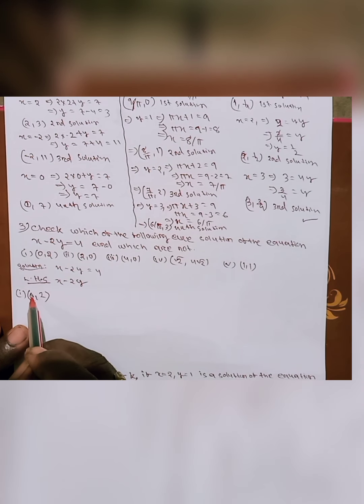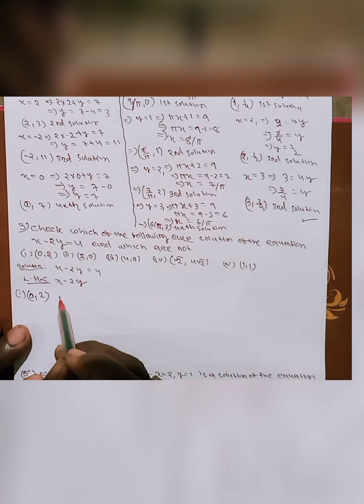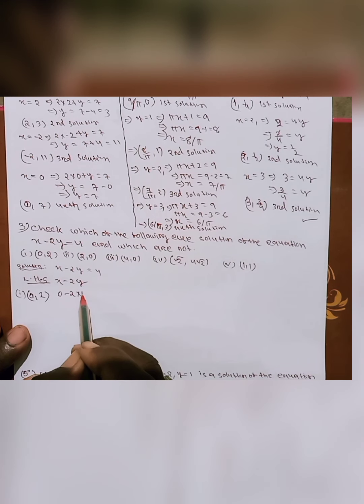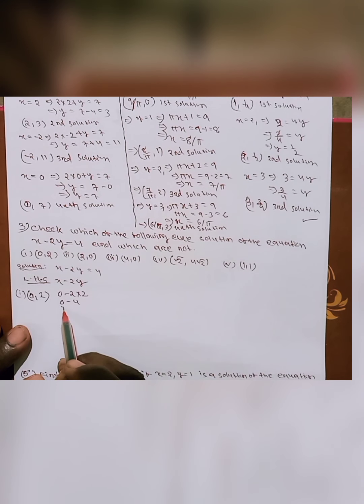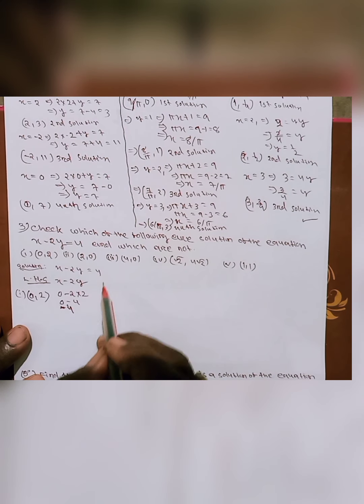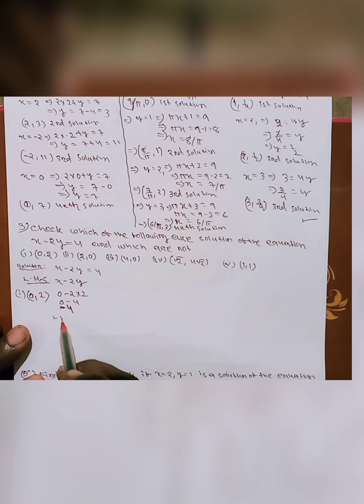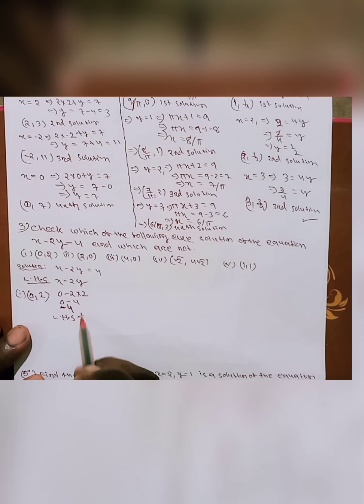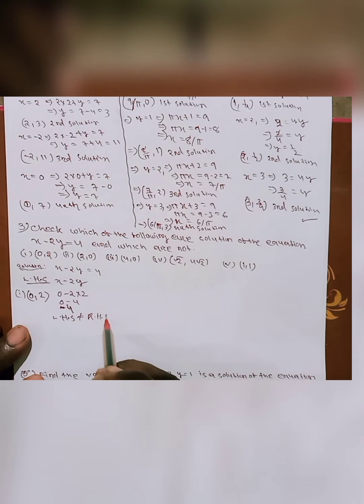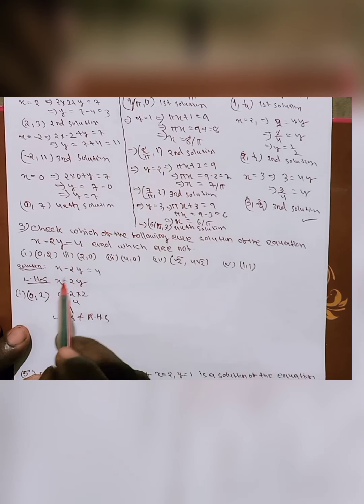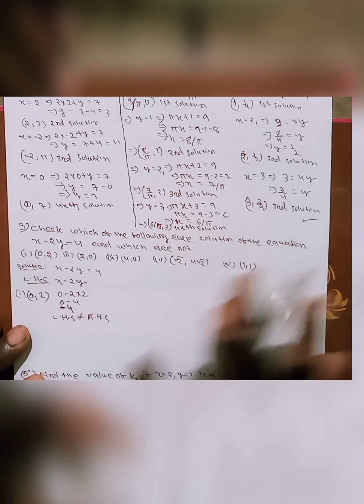So put 0 in place of x and 2 in place of y. 0 minus 2 into 2 is 0 minus 4, which is equal to minus 4. But the right side is plus 4. So LHS is not equal to RHS. So this pair of values is not the solution of the given equation.